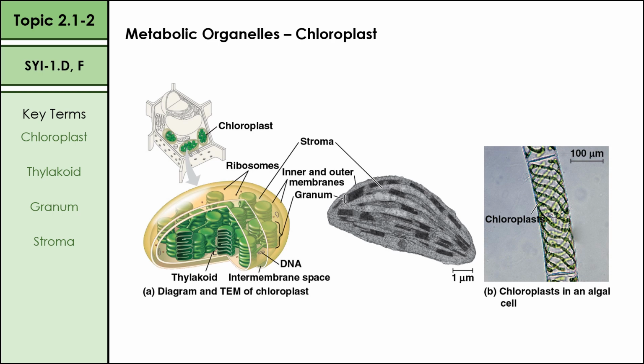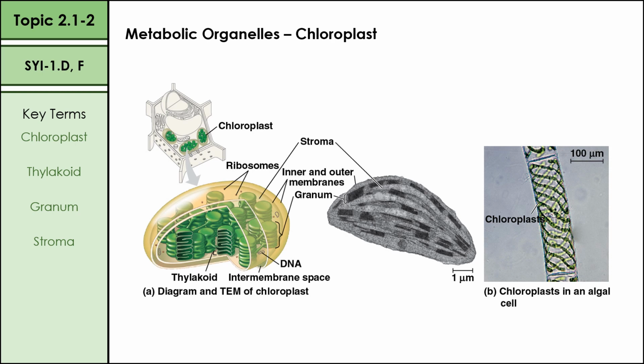This time, it is folded into thylakoids, or coin-like structures that themselves are stacked into what we call grana, or stacks of coins. In the chloroplast, we have a fluid suspension called the stroma.